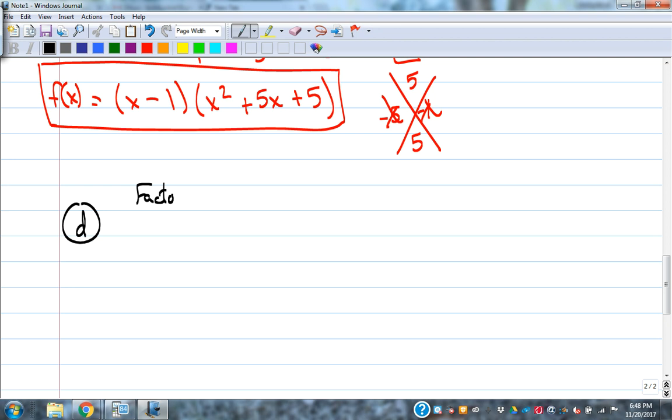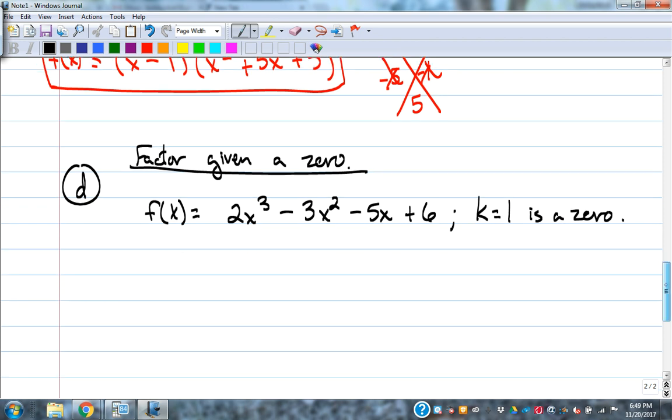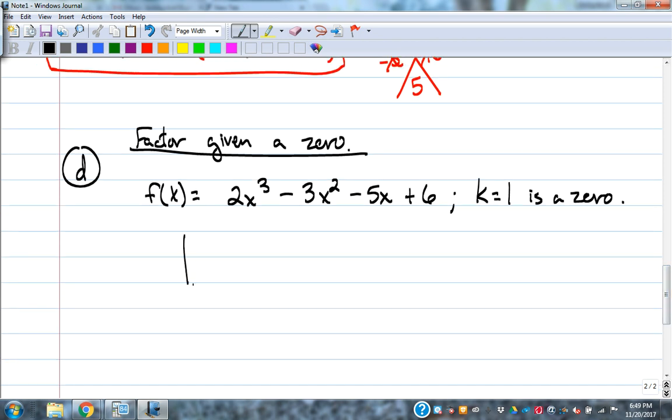Let's factor, given a 0. Okay, not giving you a factor this time, giving you a 0. That's 2x cubed minus 3x squared. So what's the difference between given a 0 and given a factor?